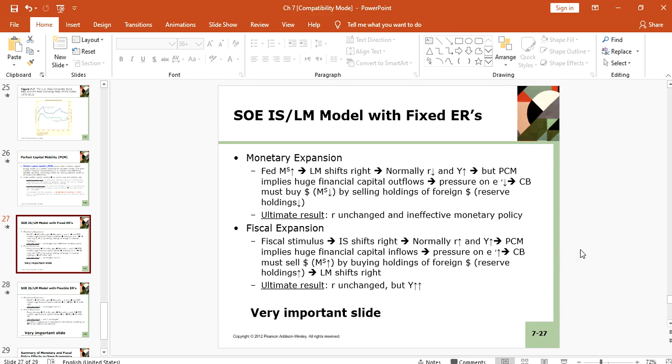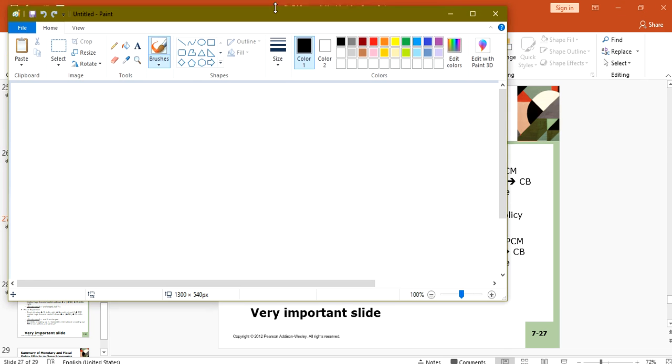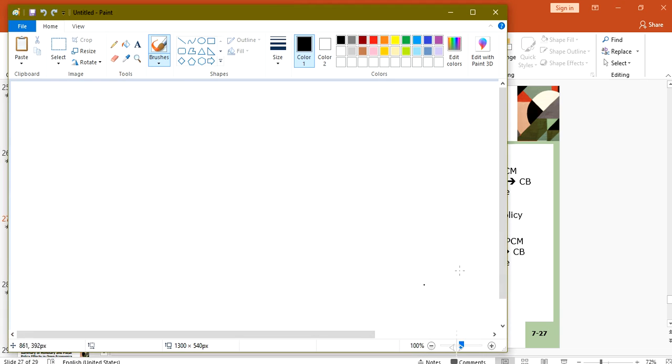Anyway, for monetary expansion, the money supply increases and LM shifts to the right. We know that. Normally, the interest rate decreases, but let me draw it for you so you understand what I'm talking about.